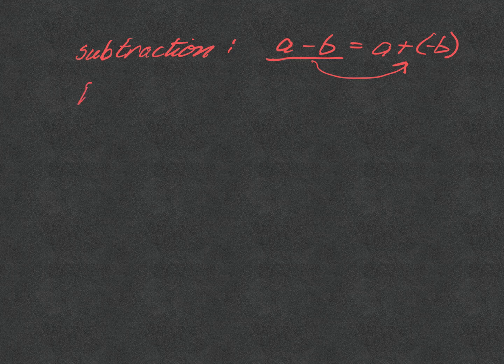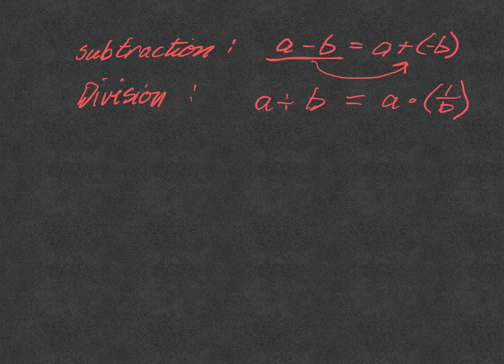So we're going to define division in the same way. Division, which is A divided by B, is going to be equal to a multiplication problem, which is A times 1 over B. So in other words, division by a number is multiplication by the reciprocal of that number.